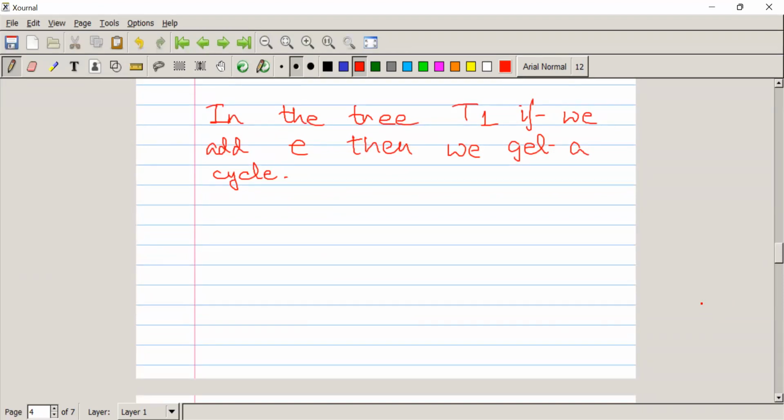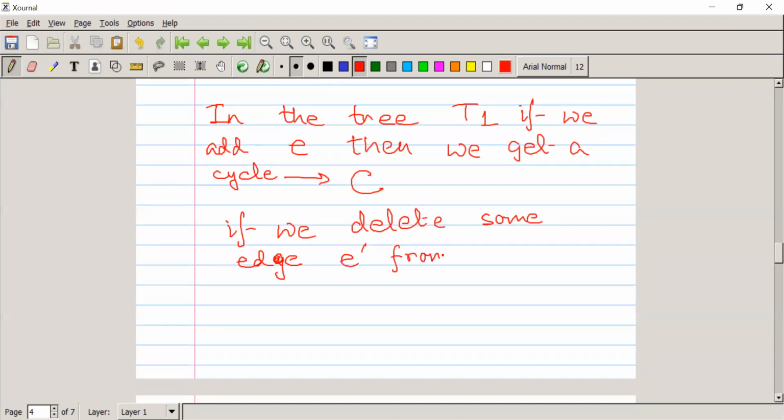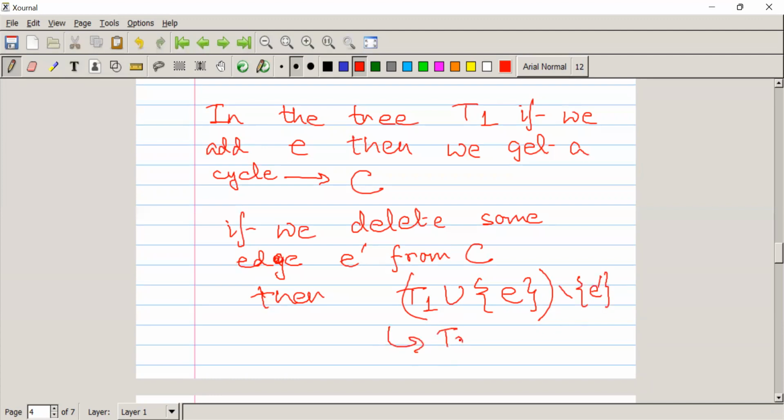And suppose this cycle was C, and from that cycle, if we delete some edge, say E prime, from C, then T1 union E minus E prime will also form a tree. Is it clear? Are you convinced in this?